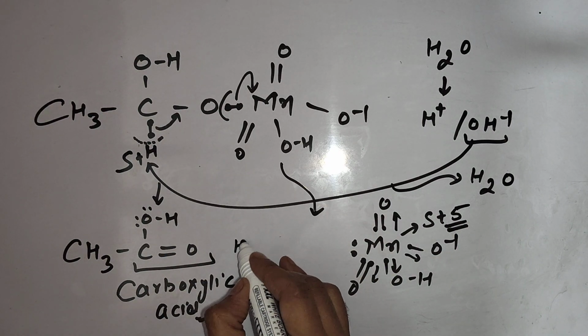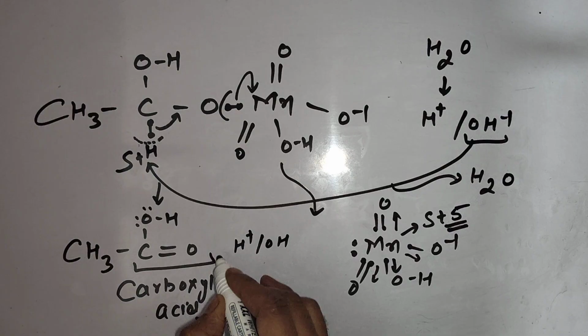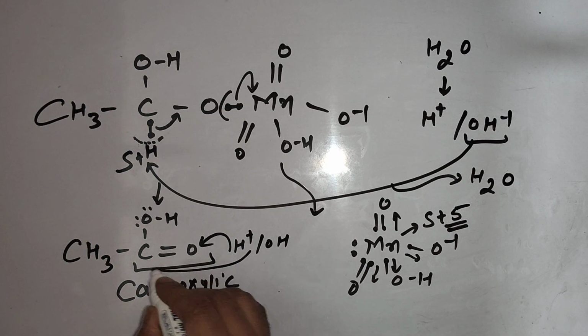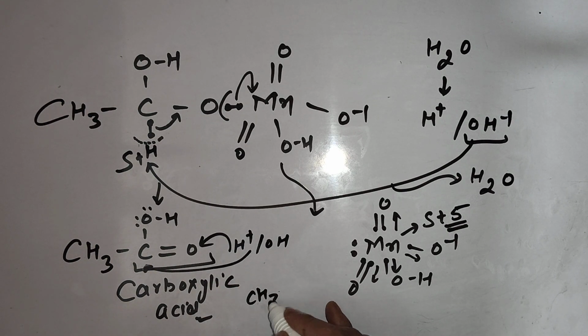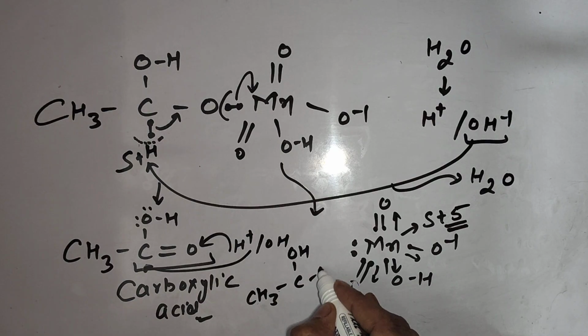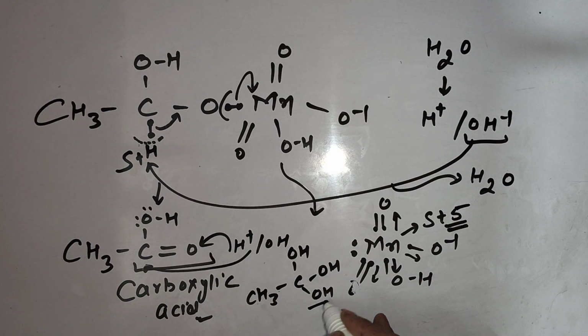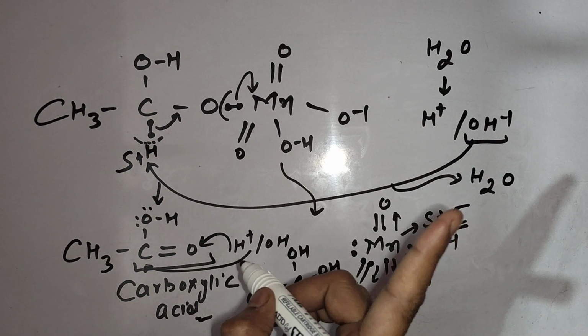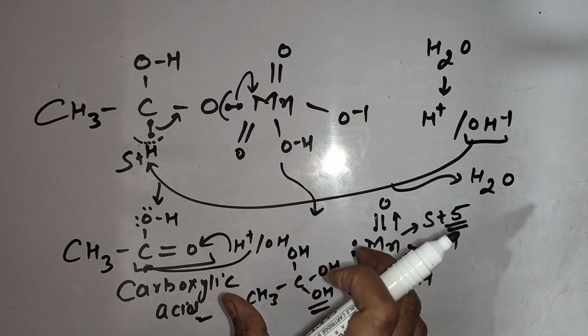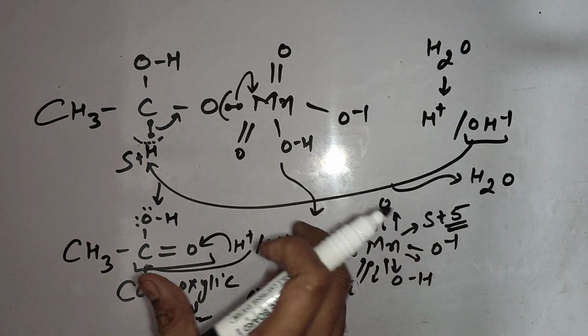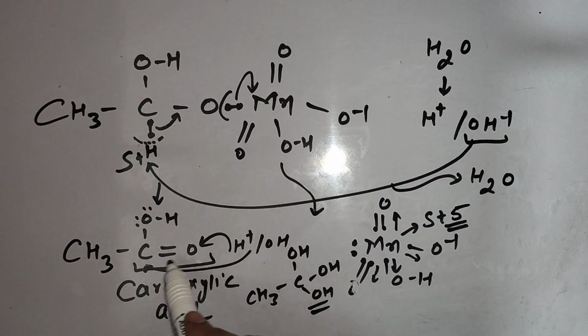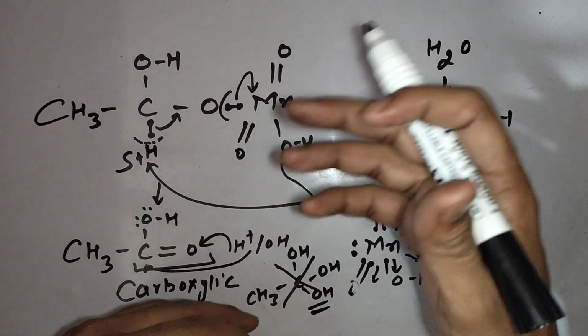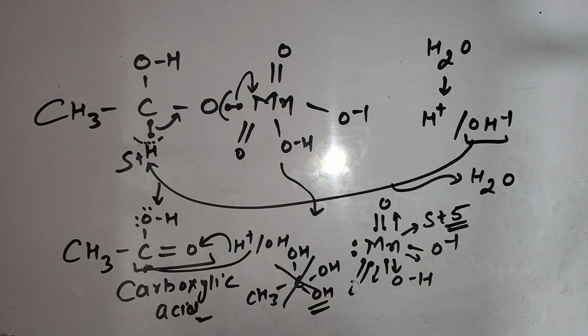No. If you hydrate it, like H positive here, OH negative here, 3 OH on the same carbon will generate. It is not possible. Highly unstable condition it is. Aldehyde can prefer it, but carboxylic acid can't. So that's why carboxylic acid cannot be further oxidized by KMnO4.